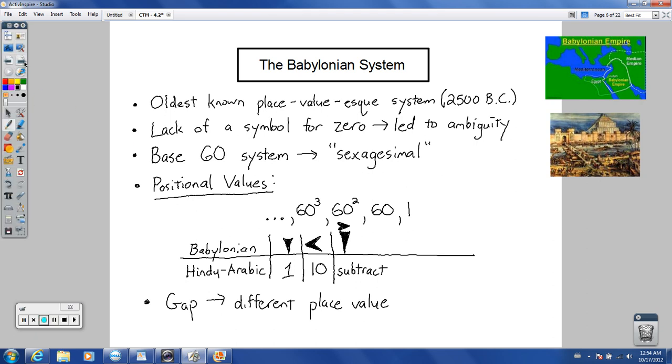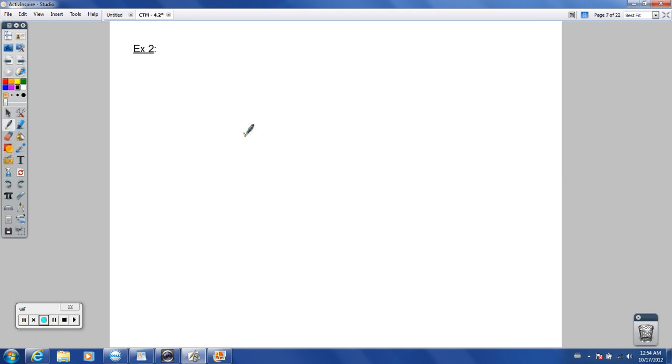So let's check out an example at this point. Example 2. I'm just going to write out what we got. These are my smaller golf tees, basically my little tally marks.